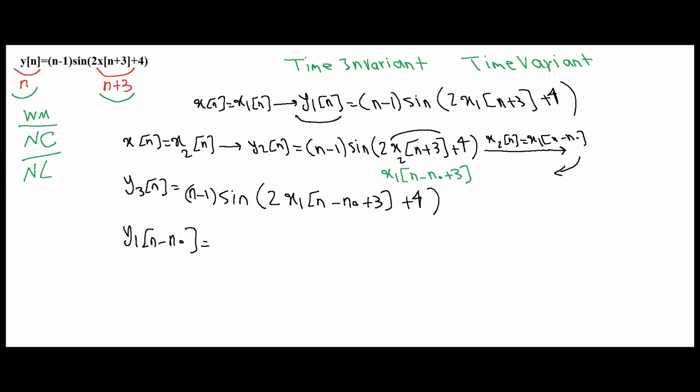Next, we form y1[n minus n0]. This becomes (n minus n0 minus 1) multiplied by sine of 2x1[n minus n0 plus 3] plus 4.